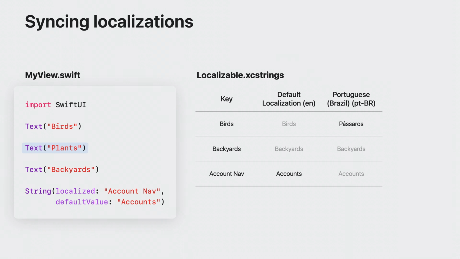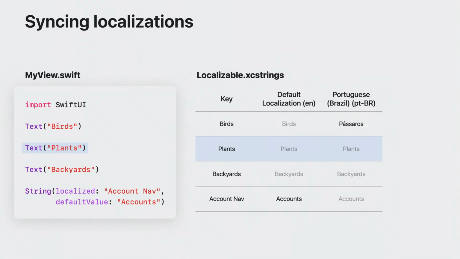When new strings are discovered in code, Xcode will add them to your string catalog. At this point, the string is ready to be translated. As we discussed earlier, localizable strings might have a default source value specified in code. In that case, the catalog will be updated with any new value from code.